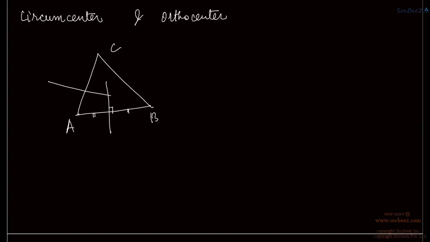So this is a perpendicular bisector, this is another perpendicular bisector, this is equal to this, and this is another perpendicular bisector. These are the perpendicular bisectors of the three sides, which are concurrent at a point known as the Circumcenter.